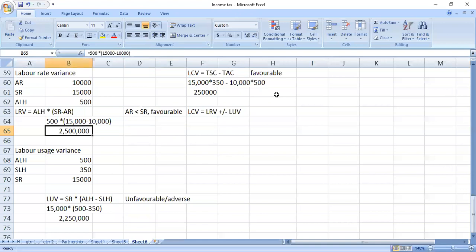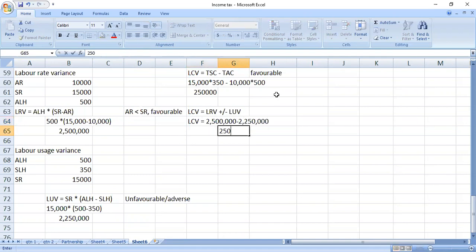The big one is favorable, so favorable will be positive. Therefore labor cost variance will be equal to 2.5 minus, because the one is unfavorable, 250. So I have to give you 250, just like the one we got up here.